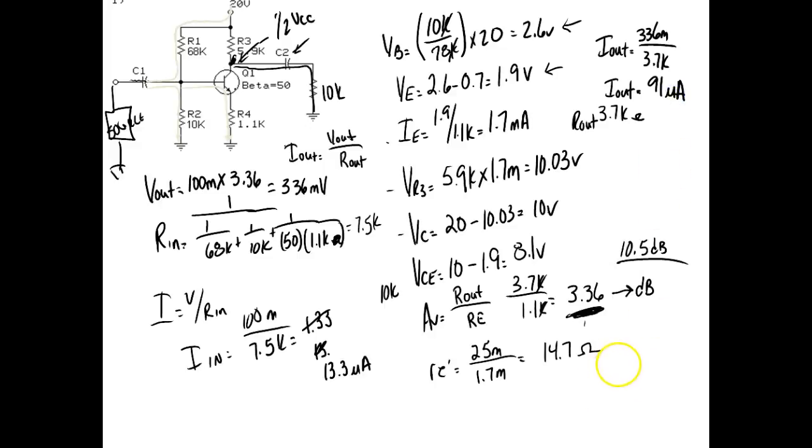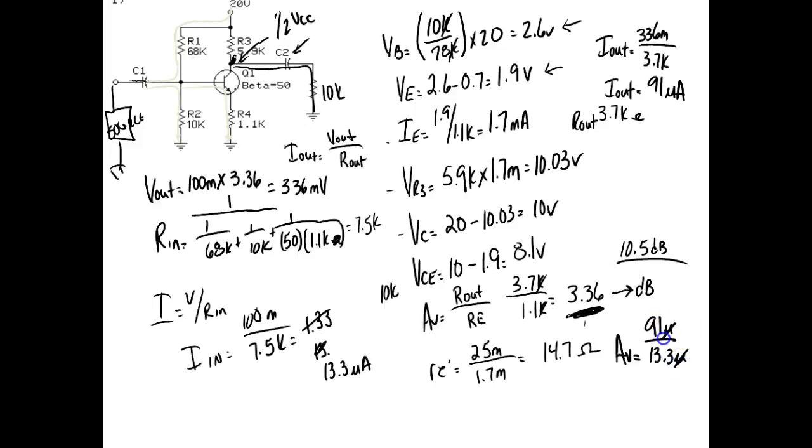Okay, so what's my current gain? AV, I'm running out of room. How do we calculate gain? Out over in. So I take 91 micro divided by, what was my IN? 13.3 micro.